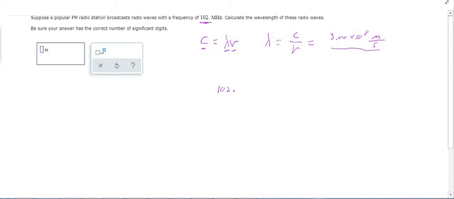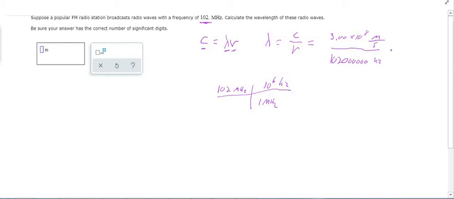I have 102 megahertz, and I know that in 1 megahertz there are 10 to the 6th hertz, or cycles per second. And so the way I would do it in my laziness is I do 102 and 6 zeros. 1, 2, 3, 4, 5, 6. That's going to be in hertz or cycles per second.